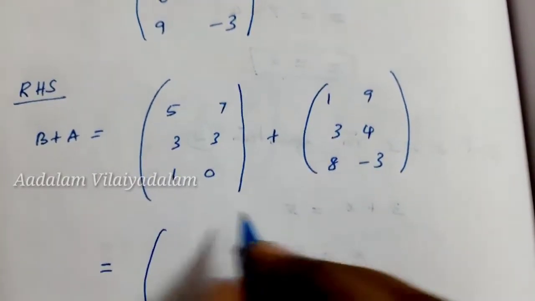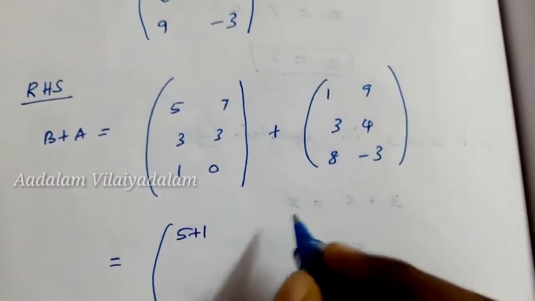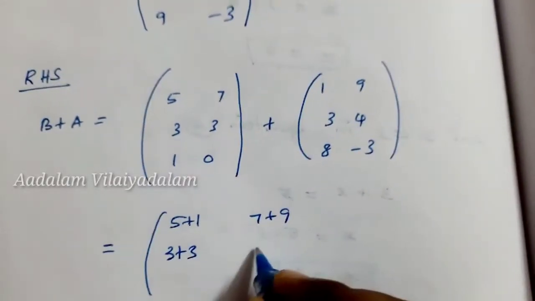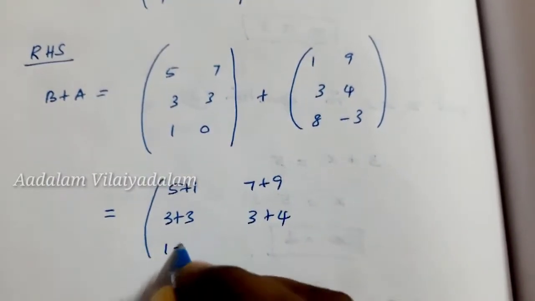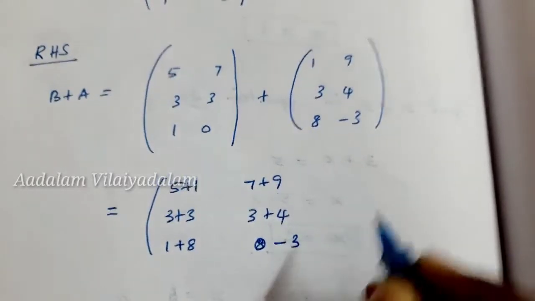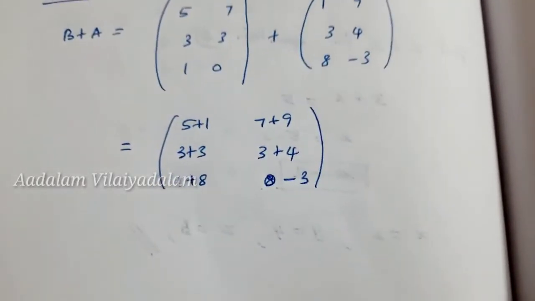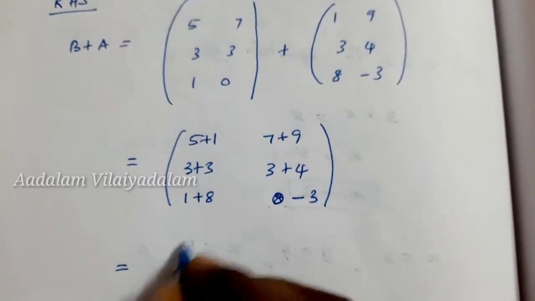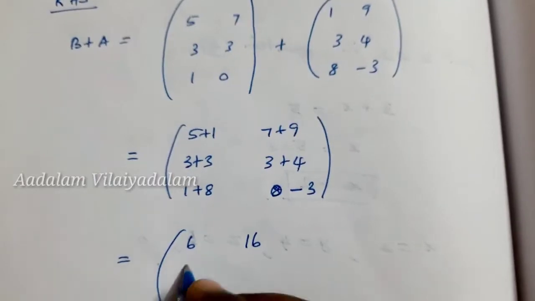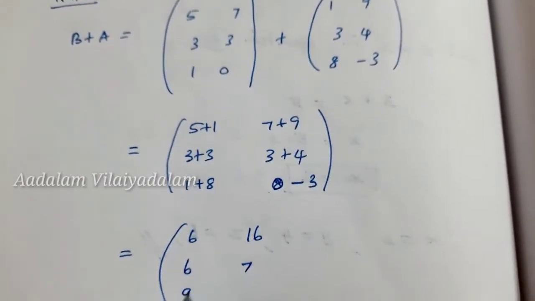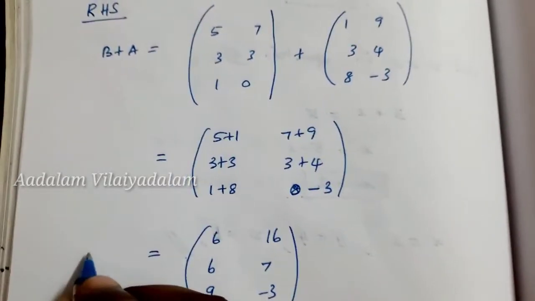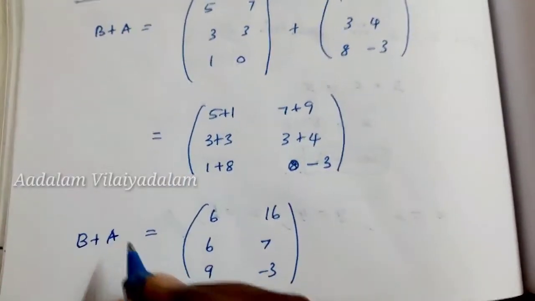Then on addition of these two, we get 5 plus 1, 7 plus 9, 3 plus 3, 3 plus 4, 1 plus 8 and 0 minus 3. Write the elements carefully. We get 6, 16, 6, 7, 9, minus 3. Now this is the matrix for B plus A.